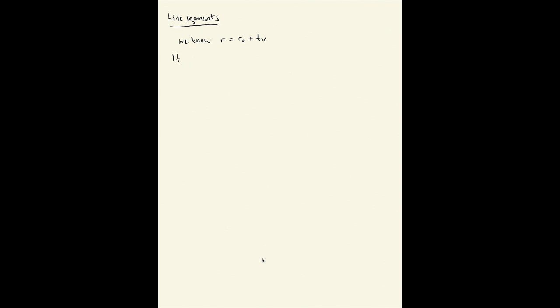If the line also passes through the tip of, let's say, r1, we can take the direction vector r1 minus r0.